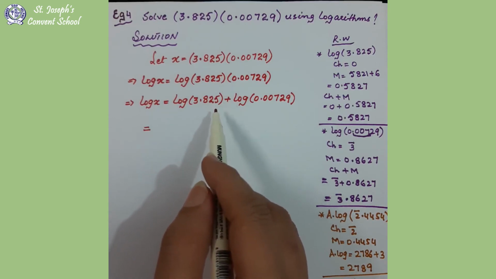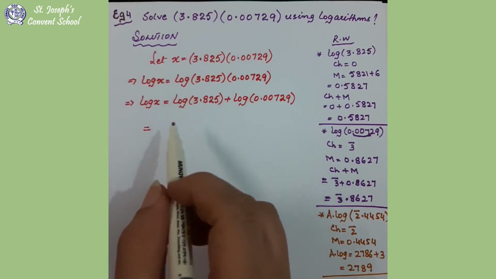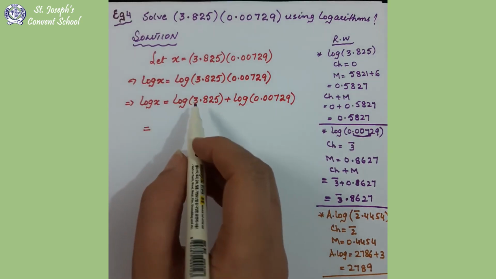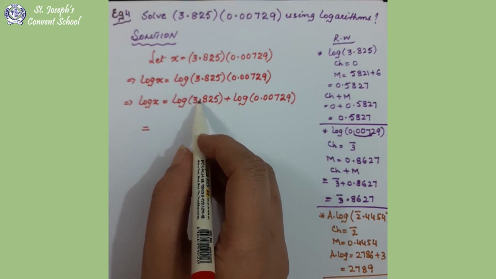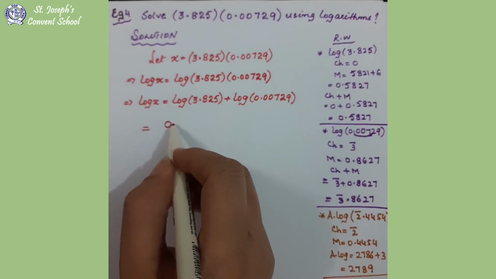After this, the next step is to find the logarithm of these two numbers. So you can find it directly also. The decimal is already after the first digit, no need to shift it anywhere. It means that the characteristic is 0 point.